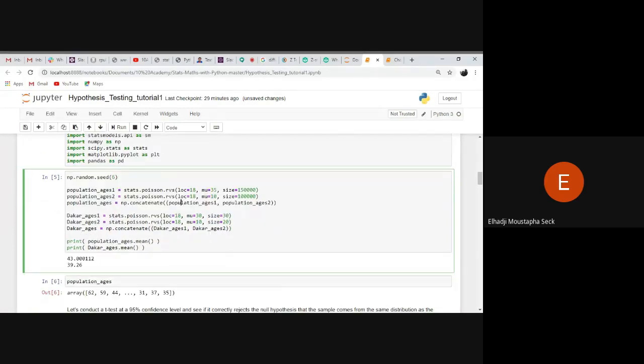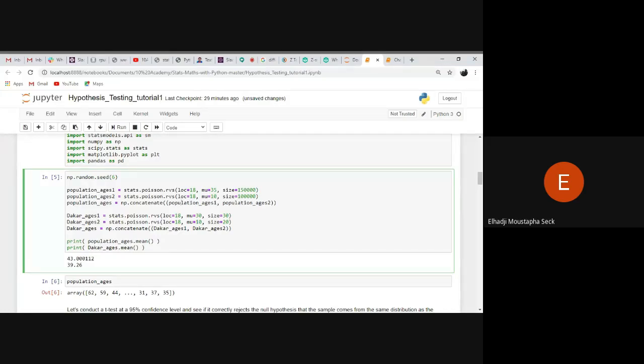And here I have the sample age data for Dakar. The same thing using the same Poisson distribution, for example, with different parameters. Here I have mu 30 and mu 10, but since it's the sample, it cannot be the same size as the population. I just have taken here 30 and 20, and I have combined these two data, and this is my age data for Dakar.